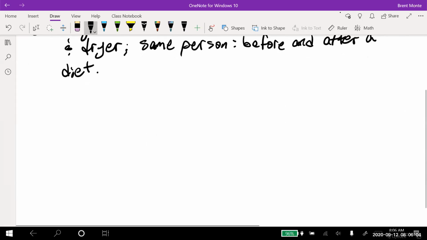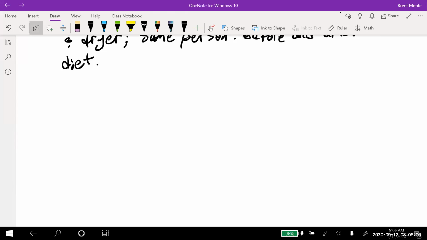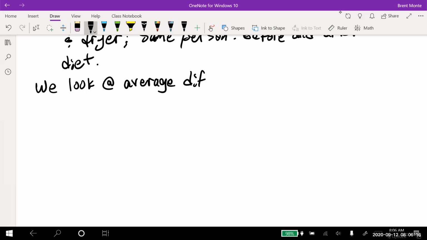But what we're doing in this case is we look at the average difference of each pair. What we're going to call that is D for difference, but it's the average of the differences. So we're going to call it D bar. It comes from the sample.